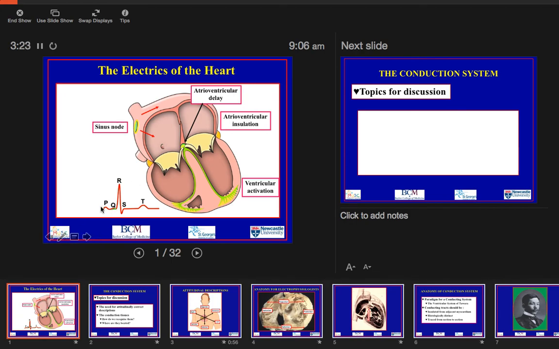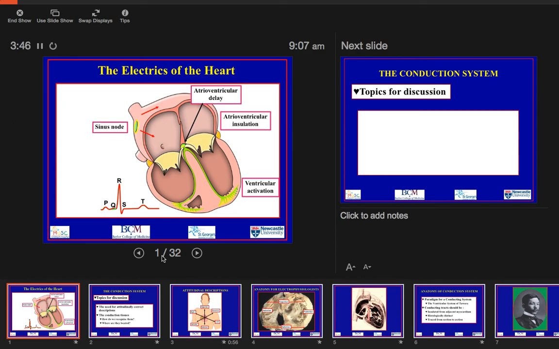And the ventricular activation itself, of course, gives us the QRS complex. Then we have the repolarization phase with the T wave. And nowadays, you know more about the electrocardiogram, and the inferences that can be made from the electrocardiogram are quite amazing.